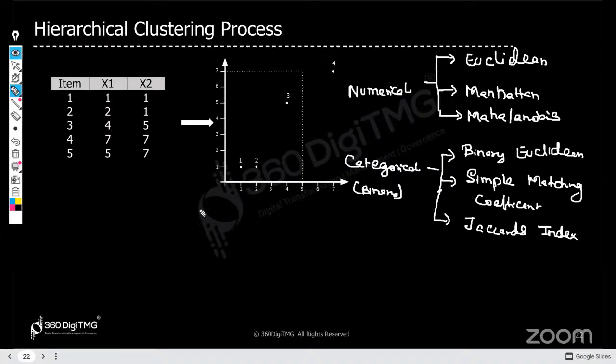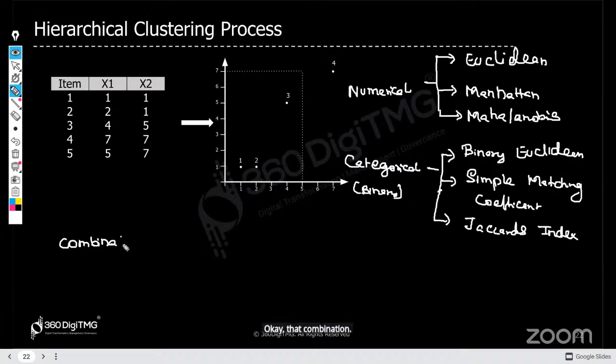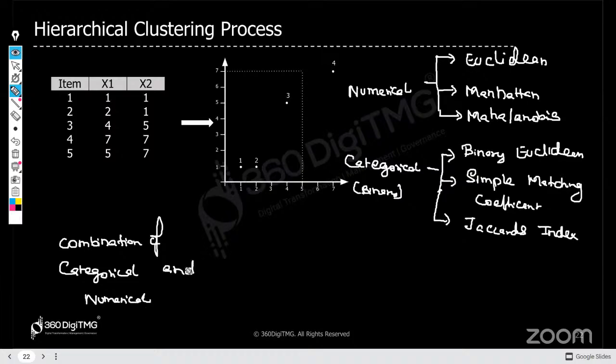In the same way, what if we are having a combination of numerical and categorical? If you are having a combination of categorical and numerical, we will go with Gower's general dissimilarity.